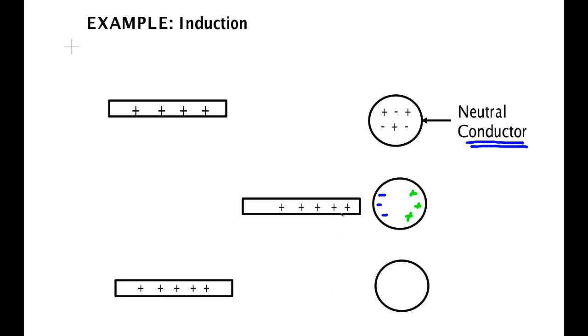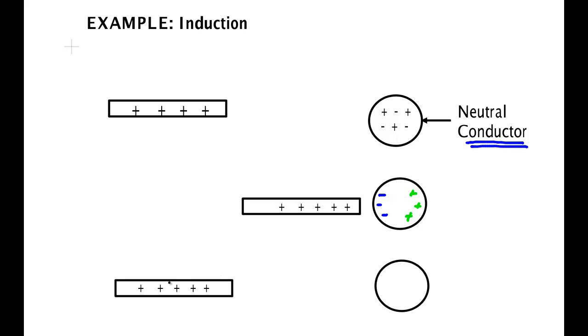Now what happens if you pull this bar back? As you pull that bar back, the force that it's applying upon these charges is less. And these charges are also experiencing a force between each other. In fact, it was balancing that out.